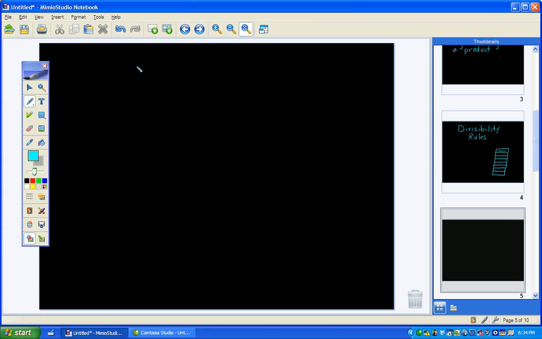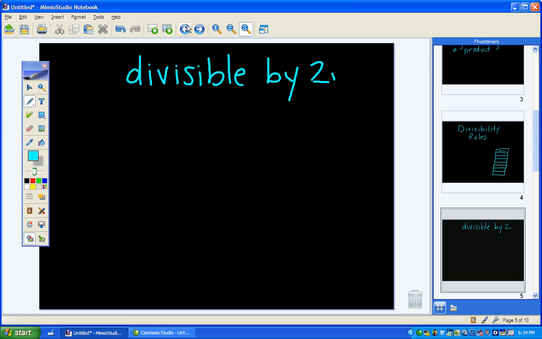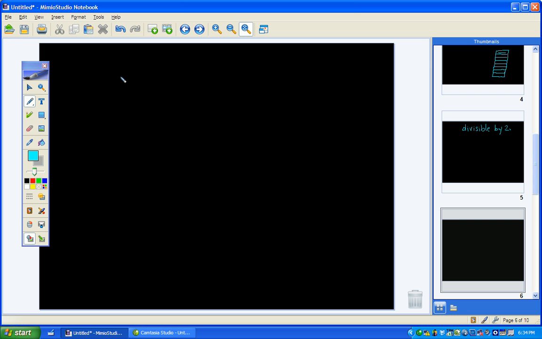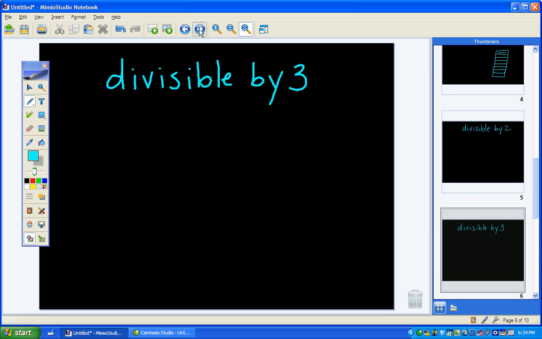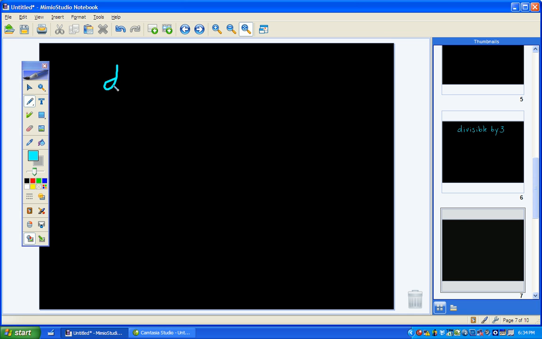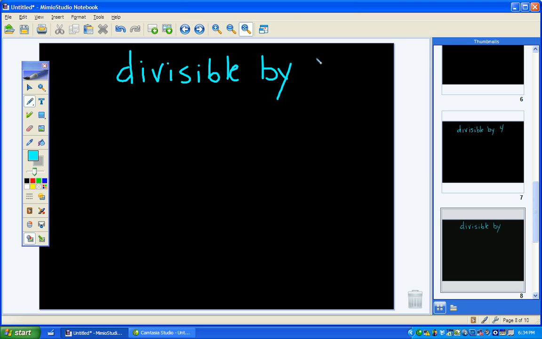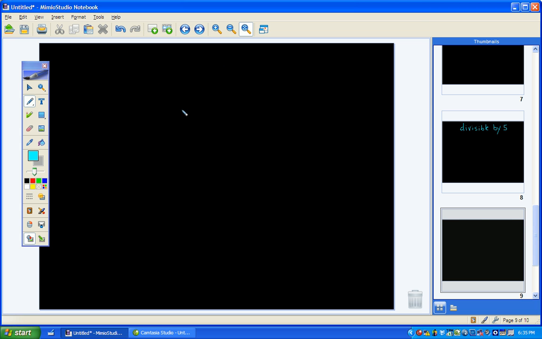On the second, we're going to put divisible by 2. On the third tab, we're going to put divisible by 3. On the fourth tab, divisible by 4. The next tab, divisible by 5. On the next one, we're going to put divisible by 6.